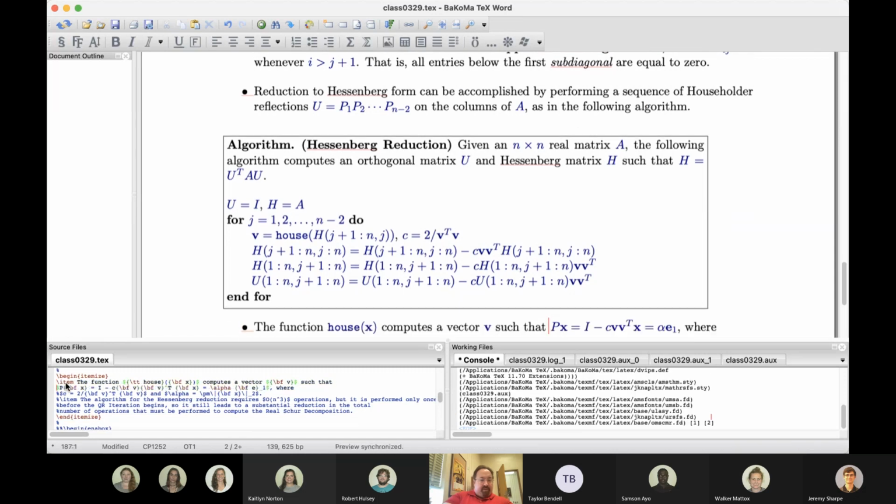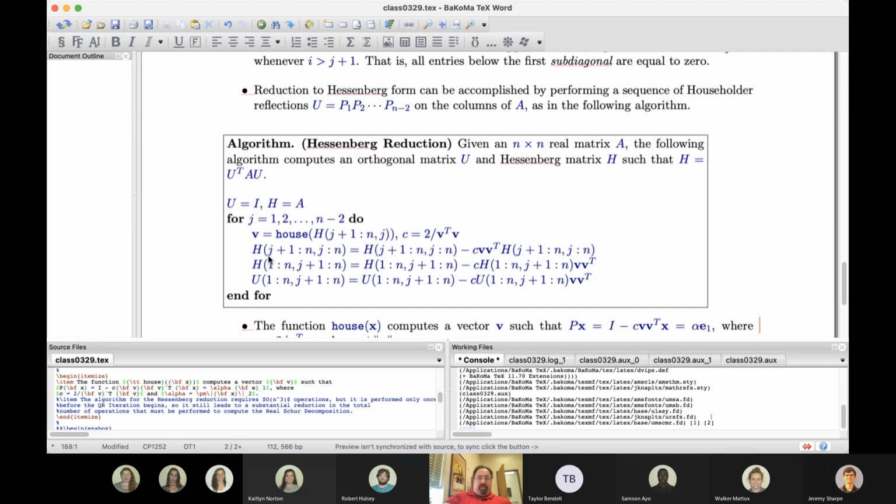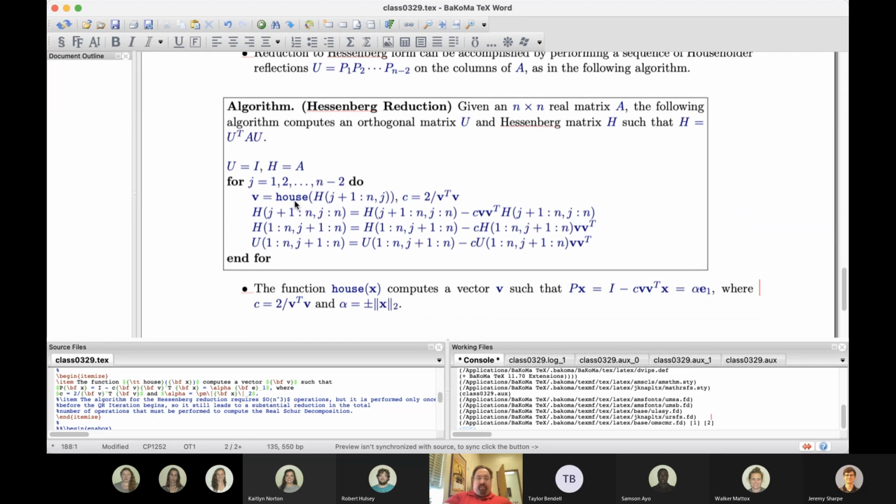Now, this function that it calls, house, we've seen this before. This computes a vector v that is used in the Householder reflection. So your Householder reflection has this form that will zero out all entries of a vector that it's applied to except for the first one.